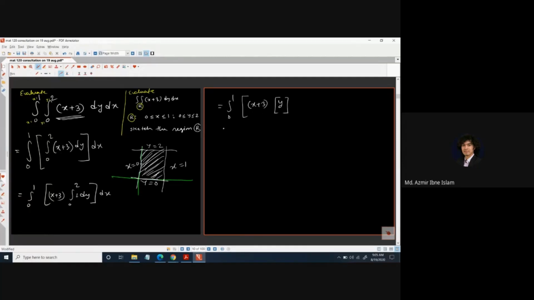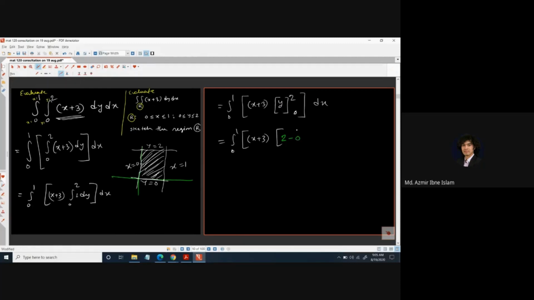Now we can apply the fundamental theorem of calculus, that is, antiderivative at upper limit, negative antiderivative at lower limit. So integration from 0 to 1, x plus 3, and here we have y, from upper limit to lower limit.